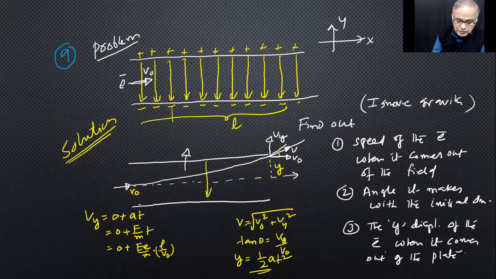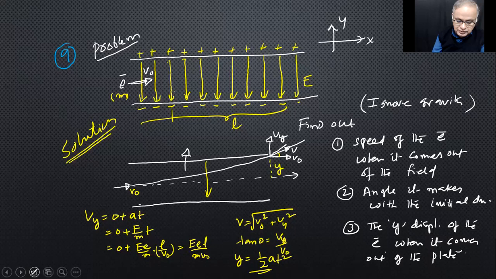So Vy is E q L by m V naught. It's coming in all the given quantities. E was known, L is given, the charge of the electron is known, mass also is there, V naught is there. This is how you get Vy.